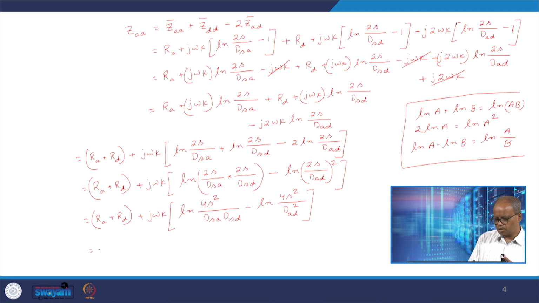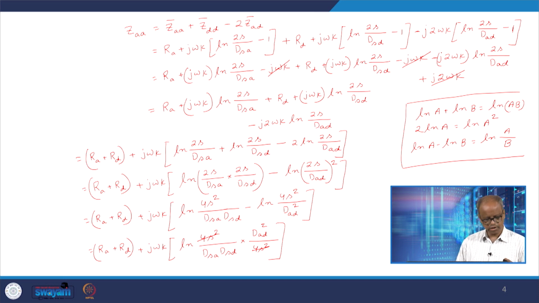So it would be RA plus RD plus j omega K into log of 4S square by DSA into DSD into DAD whole square by 4S square. So this cancels out.